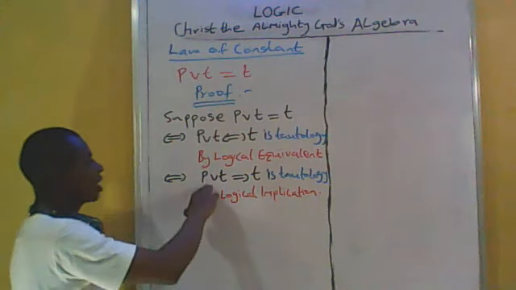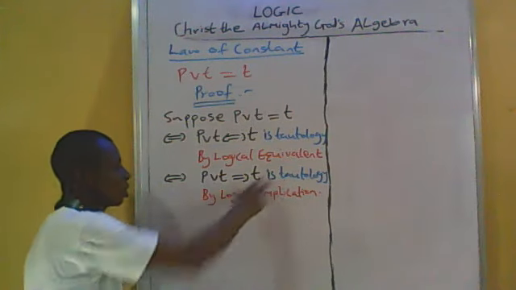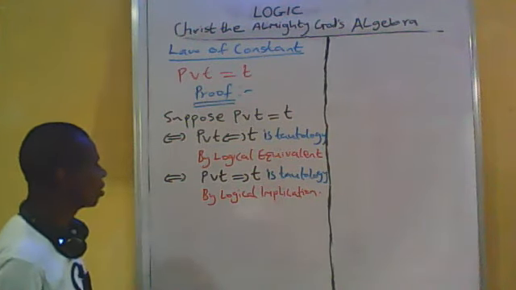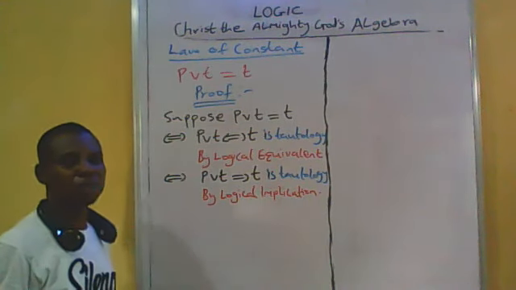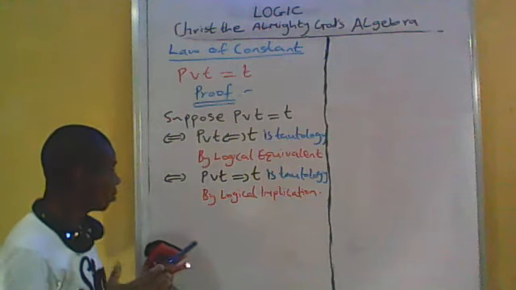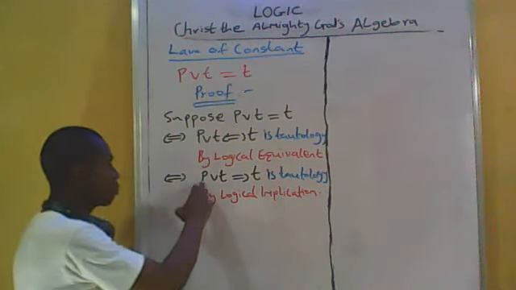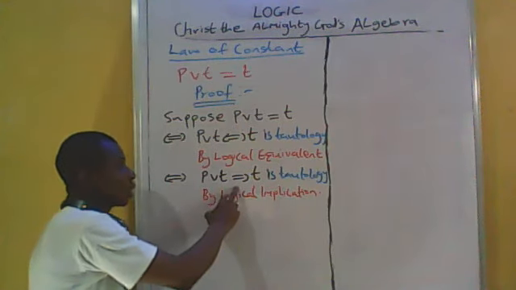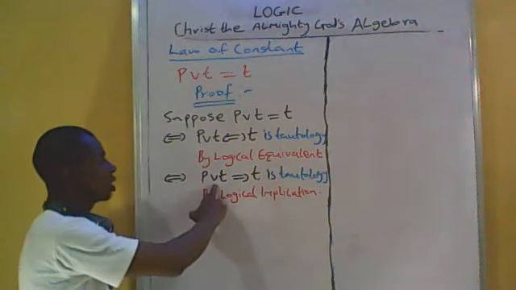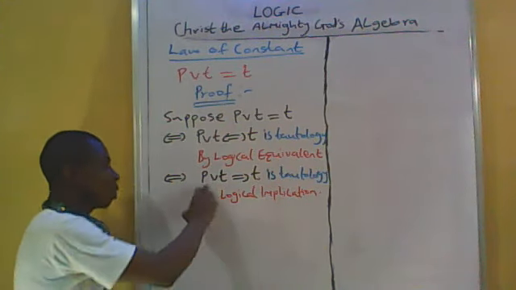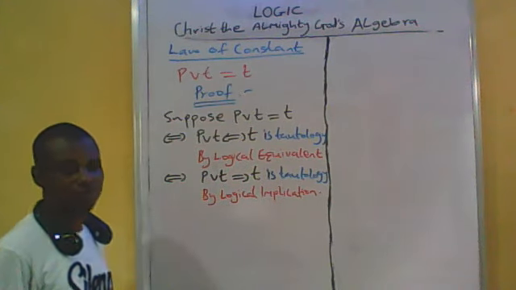Now, since this conditional statement is tautology, that means P or T implies T. We then deduce that P or T exists because P or T is proper implication of T. Since P or T exists, we say that P or T is logical implication of T, the consequence.